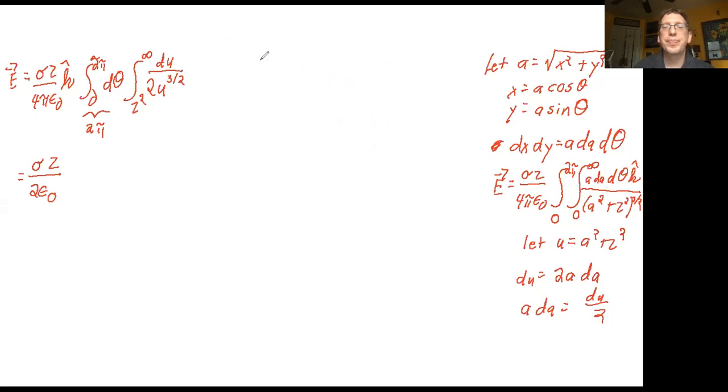We might as well keep the 2 in there. So du over u to the 3 halves is the integral of du times u to the negative 3 halves over 2. Just writing it like that, that becomes 1/2, from z squared to infinity.